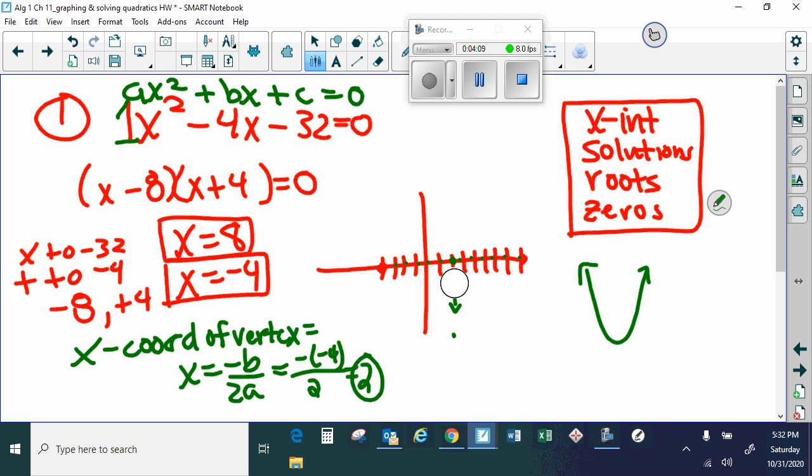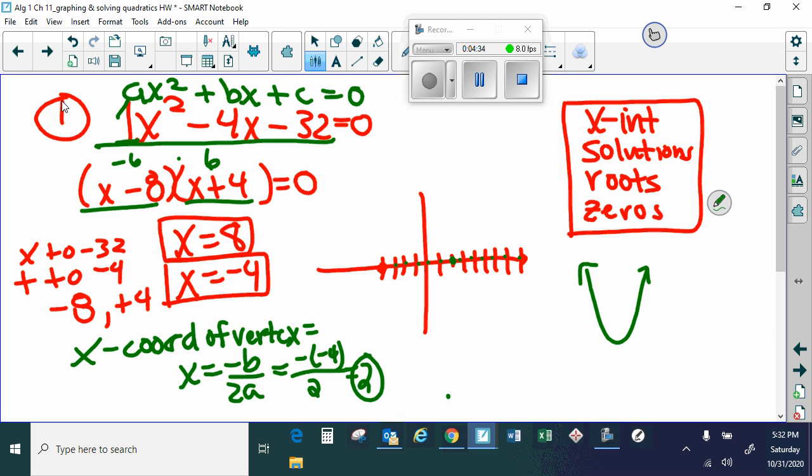Now, how do I get the y-coordinate? I plug that 2 into the equation itself. I can plug it directly into here, or I can just plug it into those 2 factors and multiply them together, and that's usually easier. So what is 2 minus 8? Negative 6. And what is 2 plus 4? Positive 6. So what is negative 6 times 6? Negative 36.